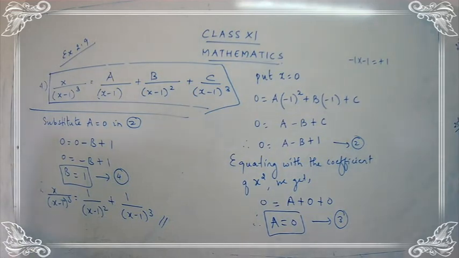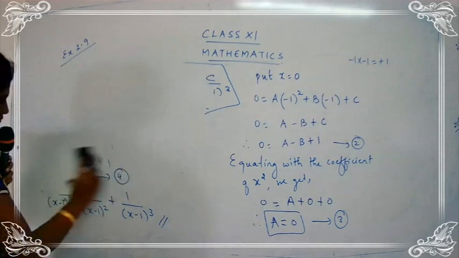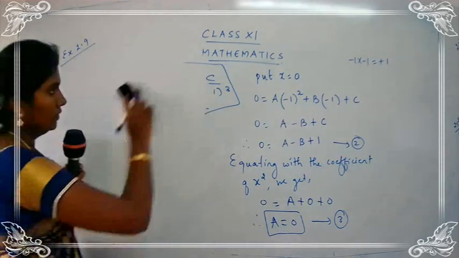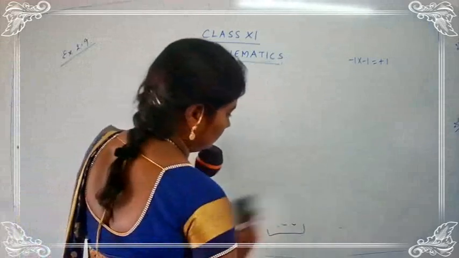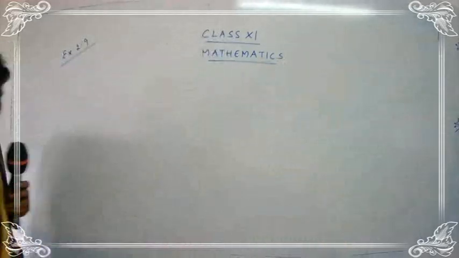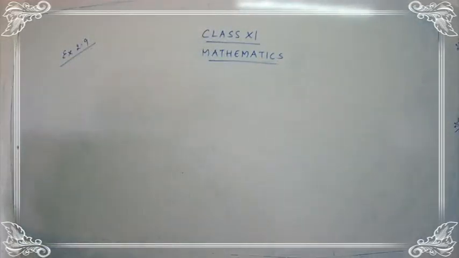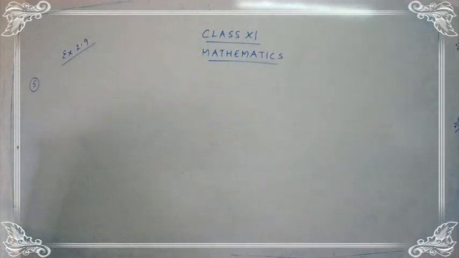Have you taken down? Okay. Sum number 5. Your homework is sum number 6, children.